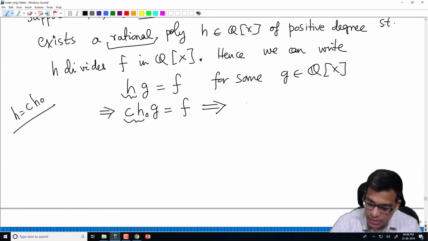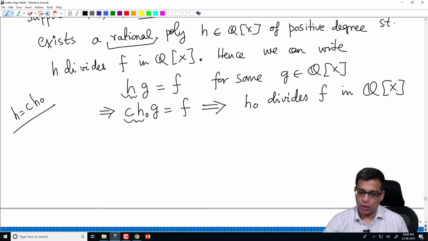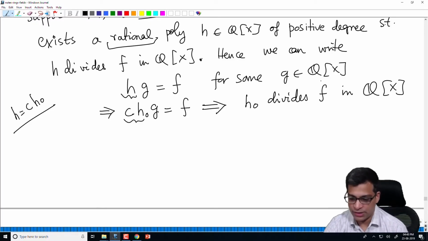This implies h0 divides f in Qx only, I can say for now, because gc is only a rational polynomial for us. g is a rational polynomial, so h0 times cg is f, so h0 divides f in Qx.